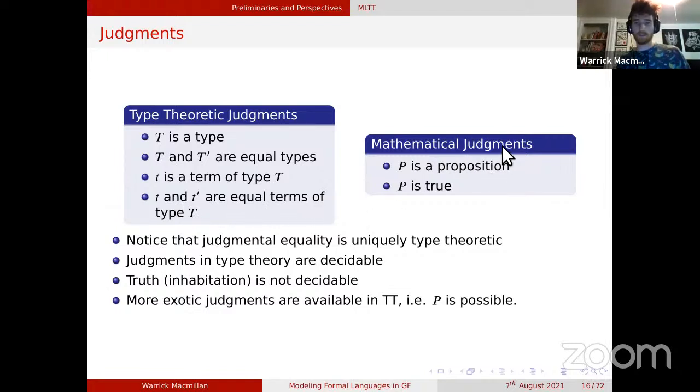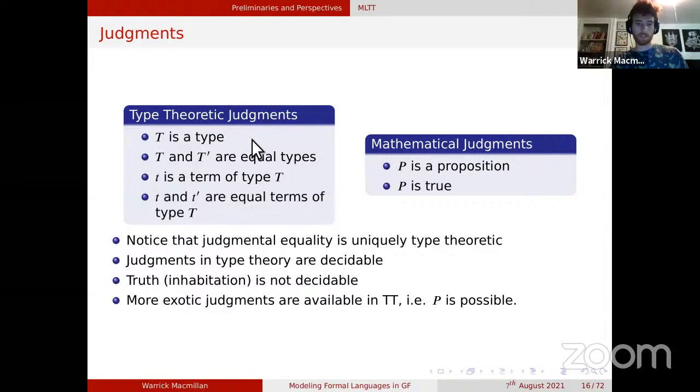And in classical mathematics, there are only two: that P is a proposition and that P is true. So it's kind of been filtered in some sense of what makes type theory interesting, which is computing with types.